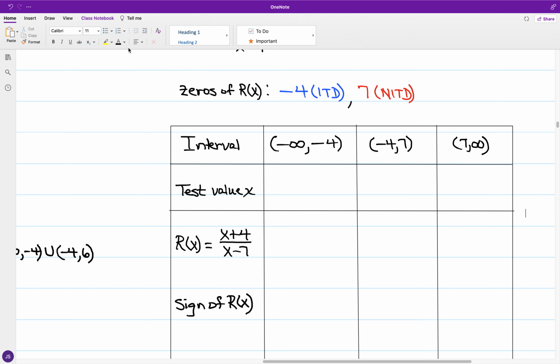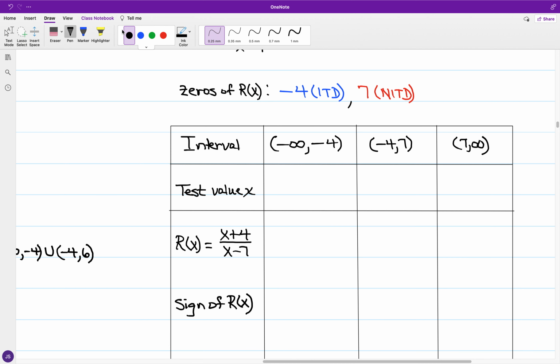For the test values in x, anything less than negative 4, negative 5 is a possible choice. Between negative 4 and 7, we can go with the reliable 0 again. Anything greater than 7, we can go with the number 8.